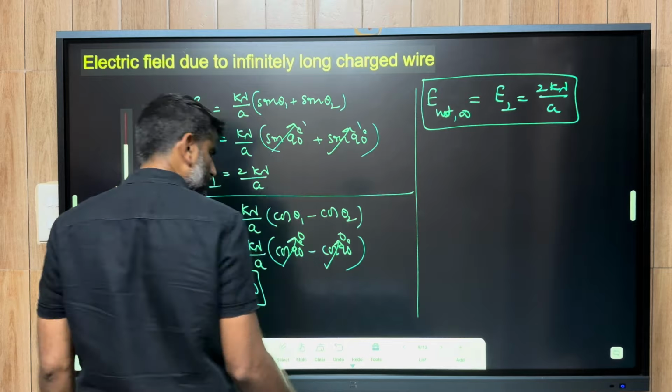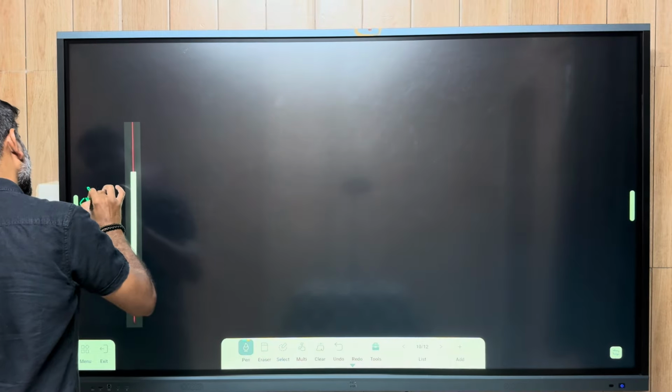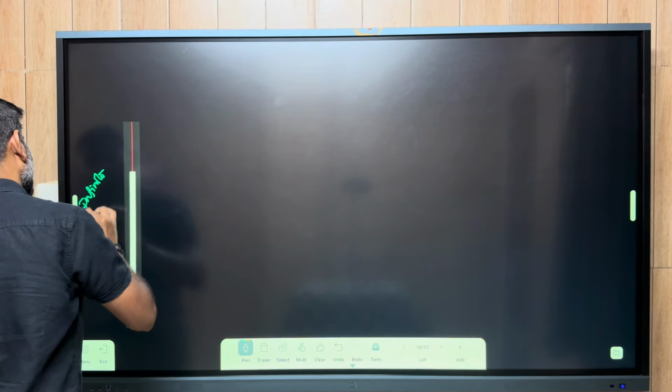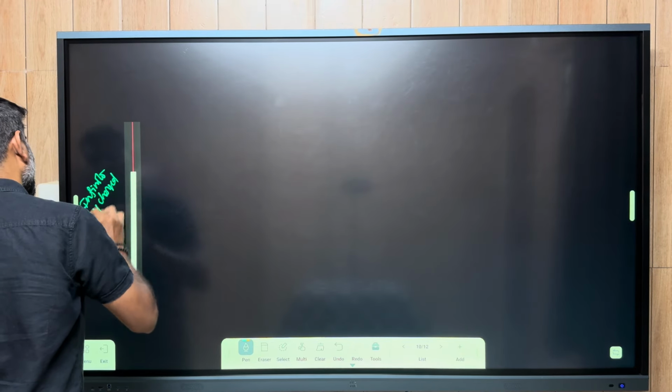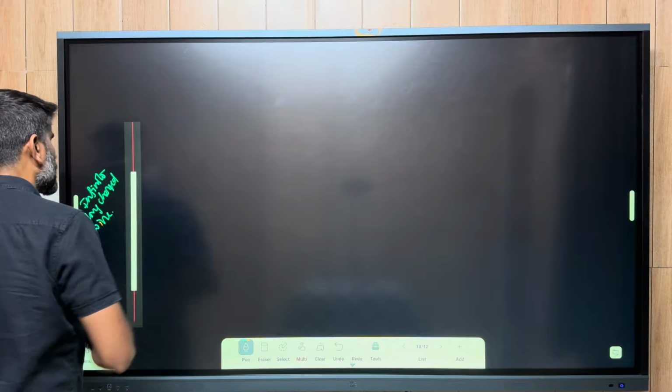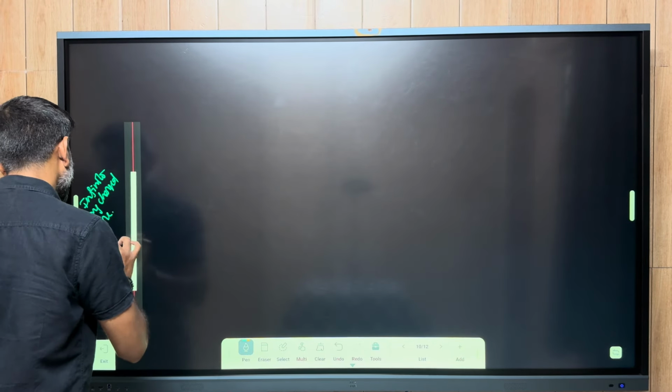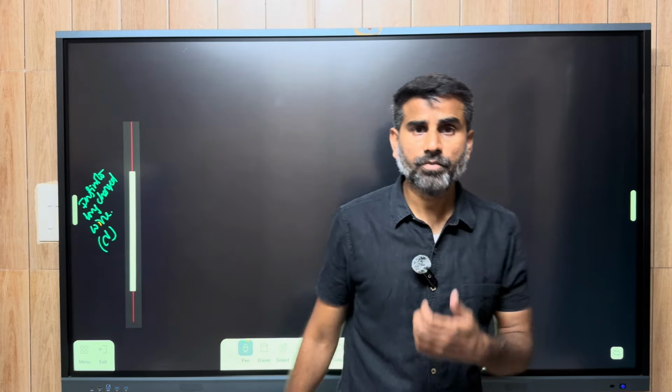Okay. Let's look at another example. This is also an infinitely long charged wire, of linear charge density lambda, let it be. Now let us define a question here.